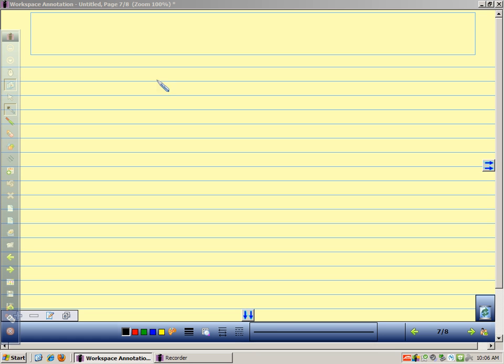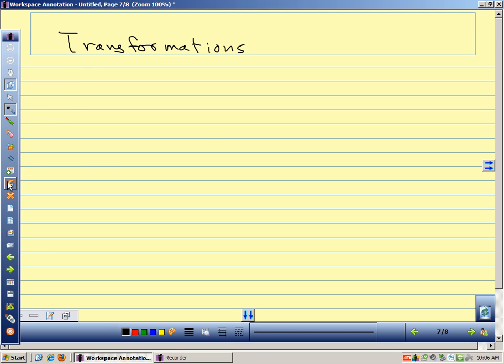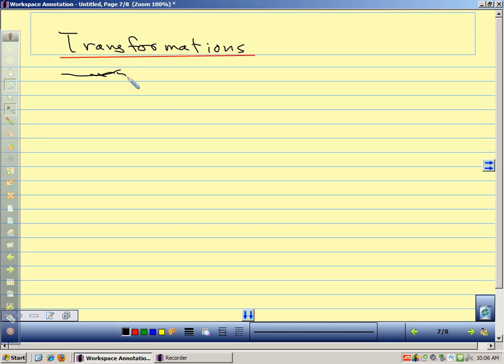All right, so transformations. Our logarithmic functions transform just like any other function. I'll give you some examples here.